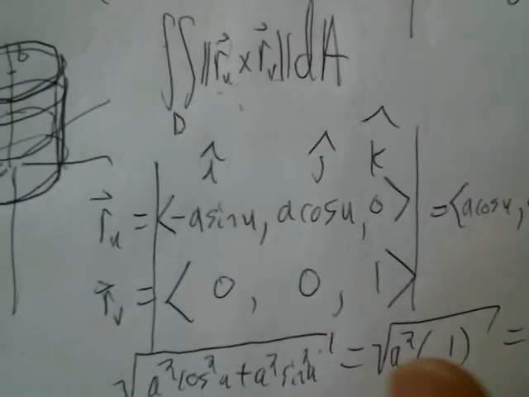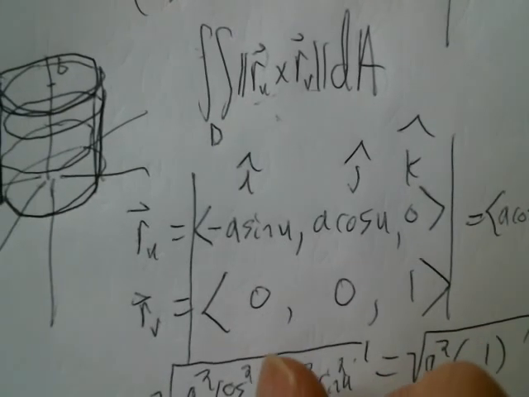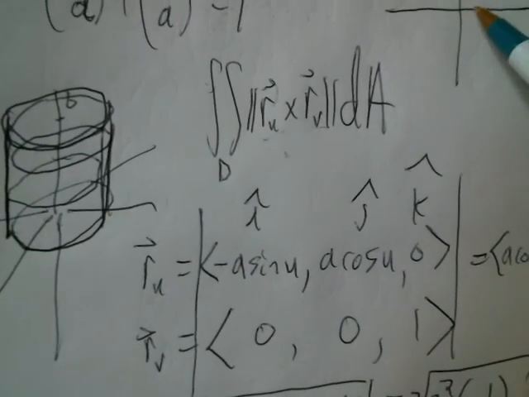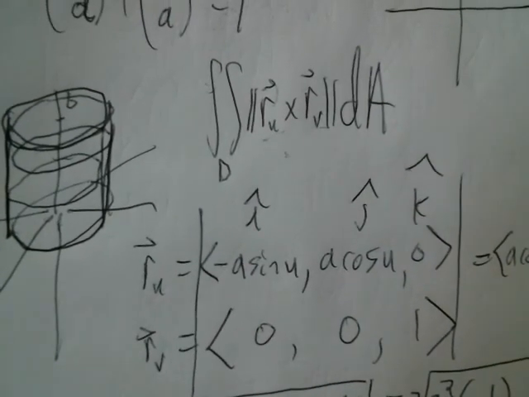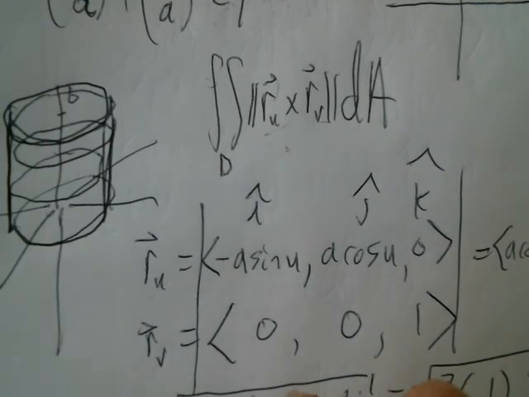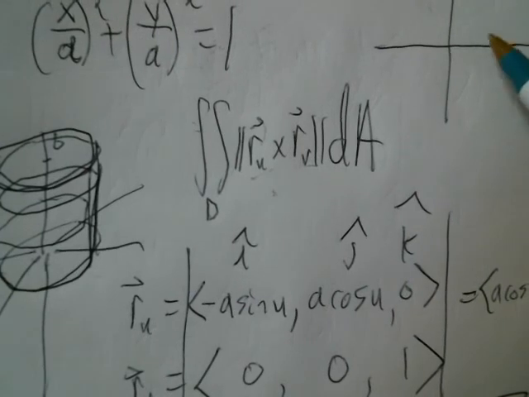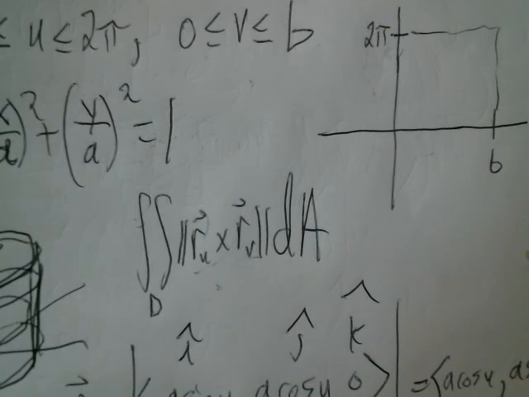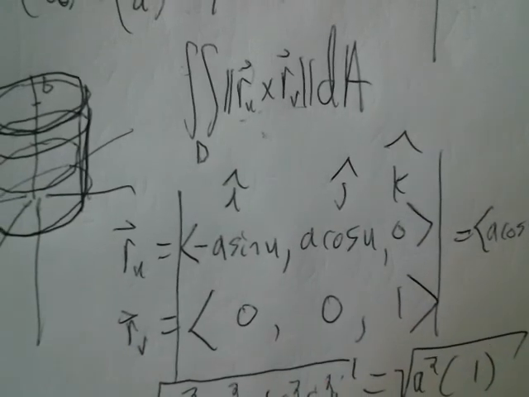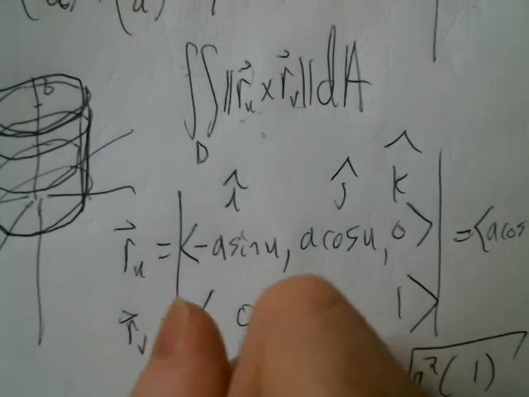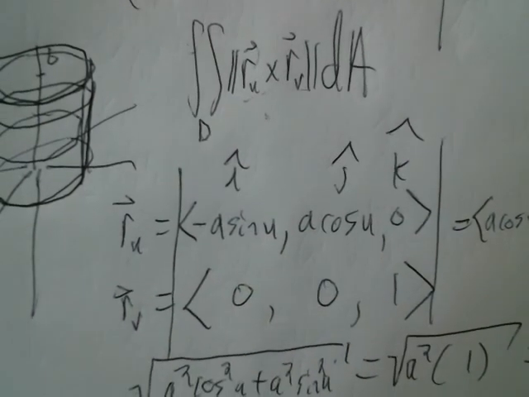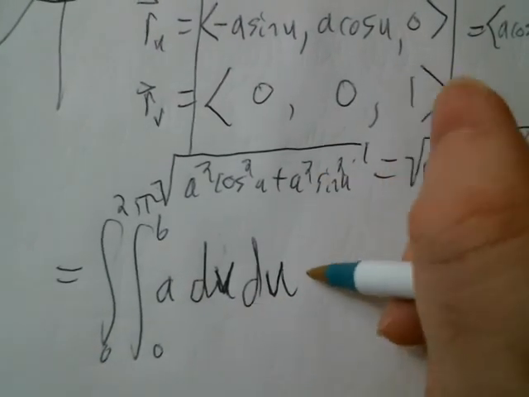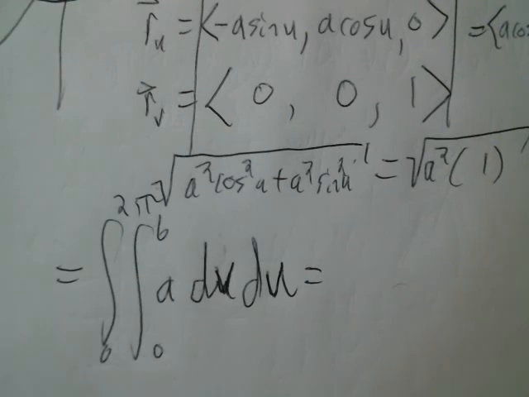So for the bounds of my integral, I'm going to go du and then dv. So u is varying. Whoops, I want to go the other way. I want to go dv du, sorry. So v is varying from 0 to b, and then u is going from 0 to 2 pi. Okay. Whoops, I went off the screen there. There it is.